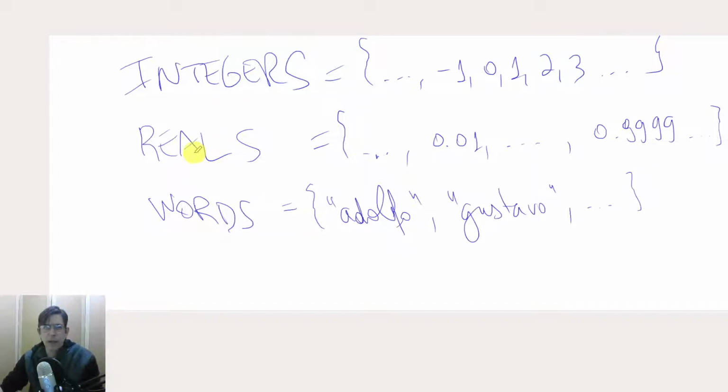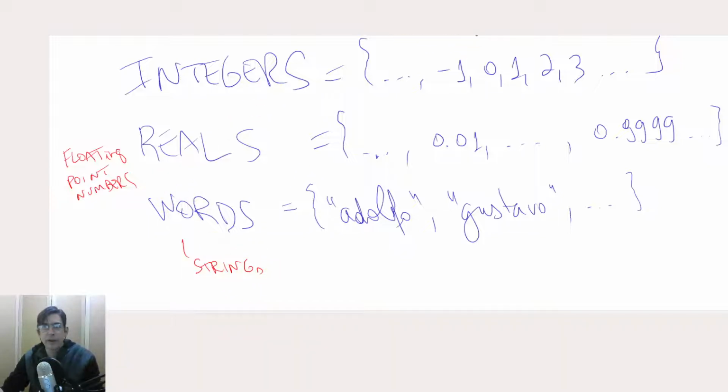For reasons that I'm not going to explain here, usually reals are not reals, they are floating point numbers, and words are called strings.